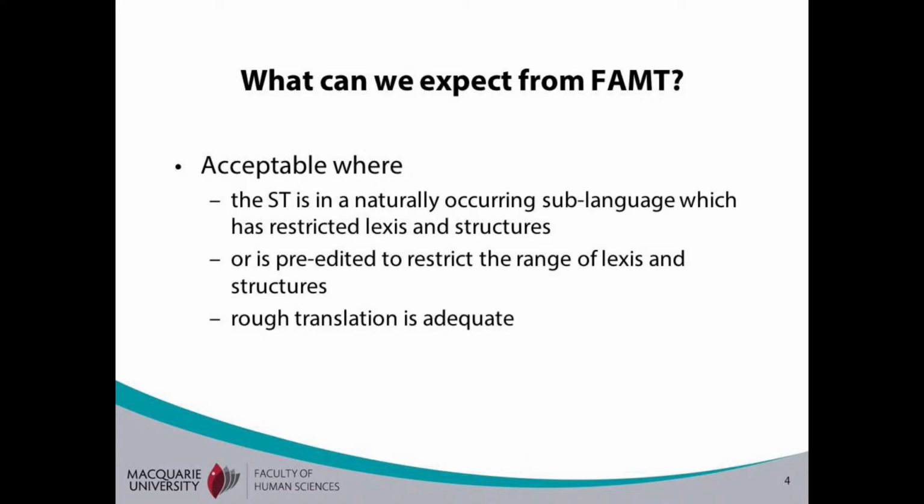One of the examples of that is the Météo system, which is used in Canada for the translation of the weather report. And that is fully automated. It translates something like 45,000 words a day, I think, just automatically with no human intervention, and is very accurate, but it's always the same expressions and lexis, etc. So it's a typical example of where fully automated machine translation would work.